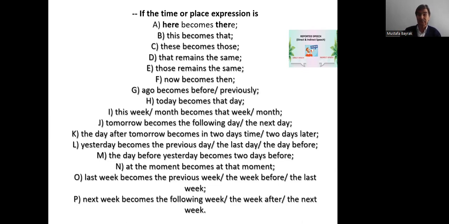And the day before yesterday becomes 2 days before. Attention, not 2 days ago, but 2 days before. Next week becomes, you can guess it, the following week, the next week, or the week after.